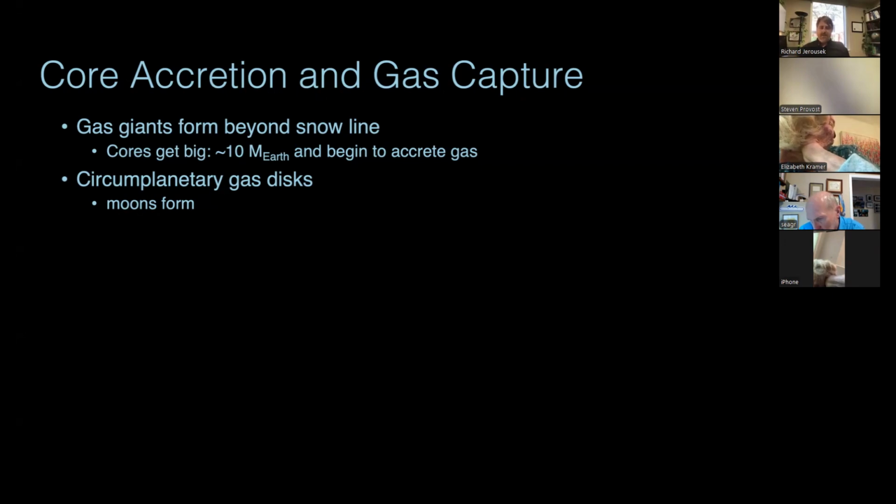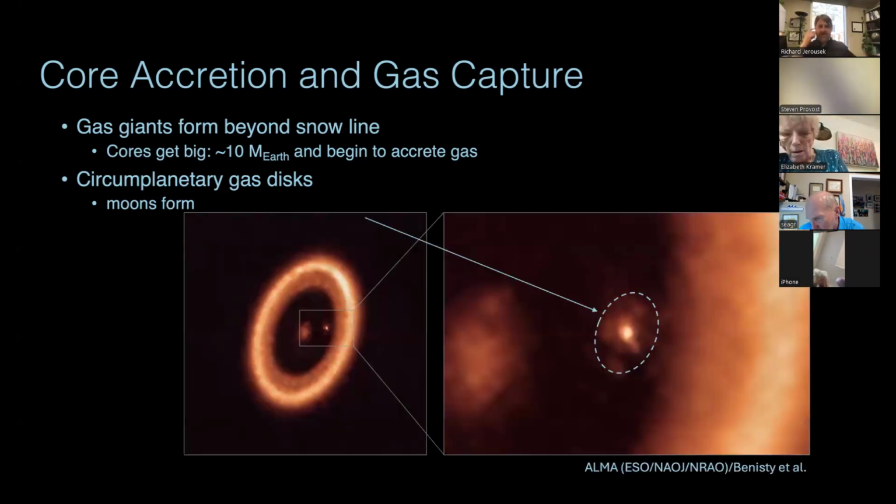You have the whole process in miniature, and you have lots of small moons forming in circular orbits around the Jovian planets. And we see this too. Here's another one of these amazing ALMA images, which shows a protoplanetary disk, which you can see.